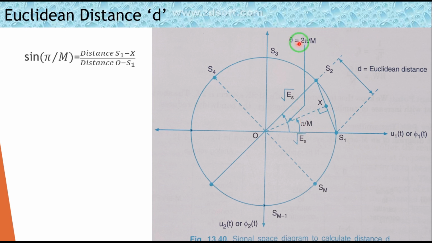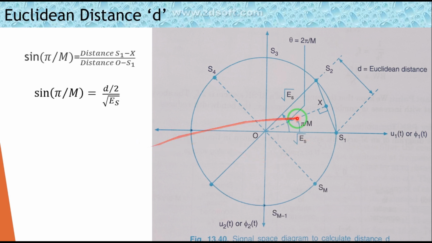Because this angle is 2 pi by M, but we are taking half of this angle, so it is divided by 2 and becomes pi by M. So sine of pi by M, how do we find it? It is the ratio of the base, that is S1 x, upon the distance from the origin O to S1, that is your hypotenuse, right?